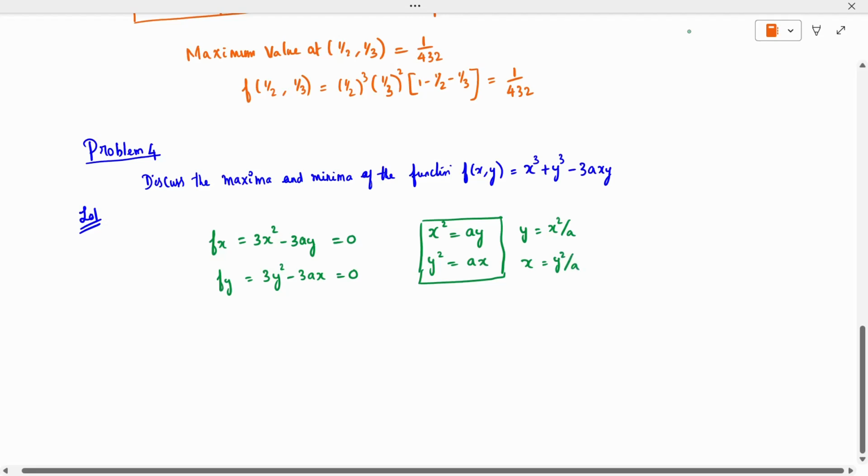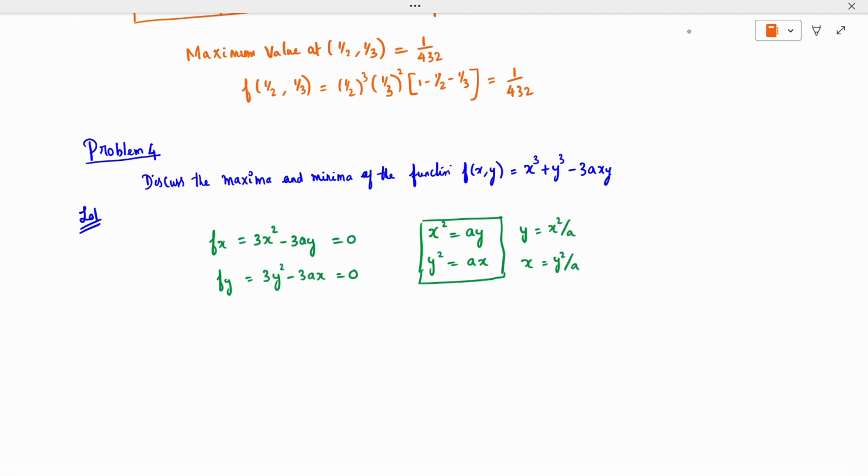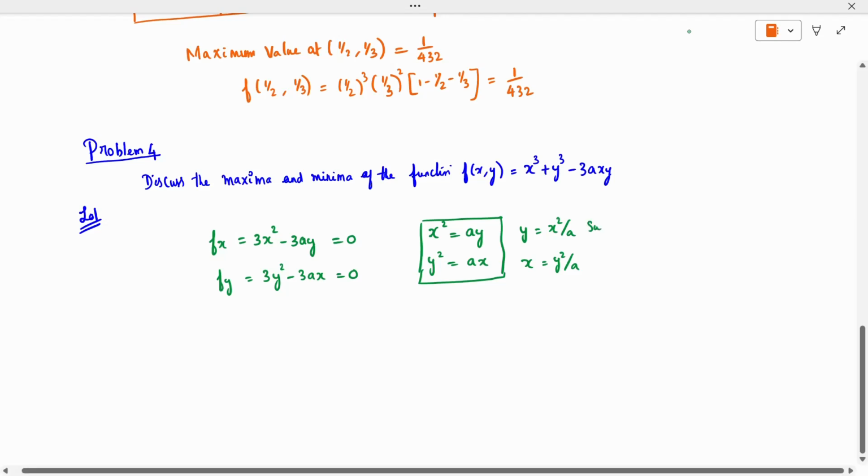Now you substitute one equation in the other so that I may get the points. Y equal to x squared by a, substitute in the second equation. When I substitute it, what do I get? x squared by a the whole square equal to ax. Simplify this. Every equation is now in terms of a.